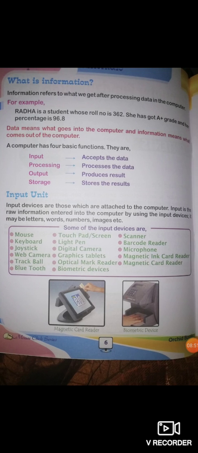And then the last topic you are going to learn about today is the input unit. Input devices are those which are attached to the computer, through which we enter the data into the computer. It can be in the form of text, letters, words, numbers or images.